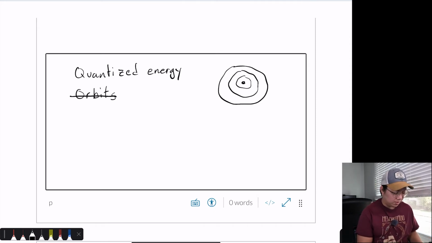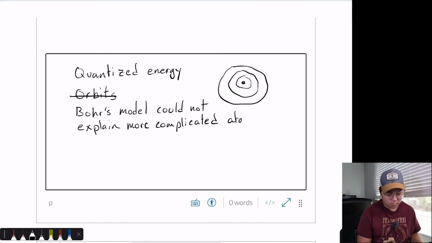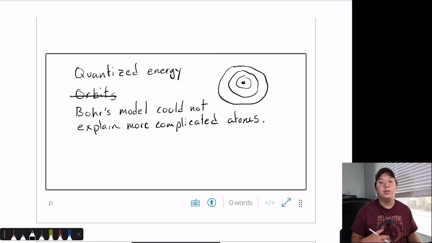So one of the other things that was wrong is that I always misspell Bohr. Bohr's model could not explain more complicated atoms because his model basically said that the electrons aren't interacting with each other.